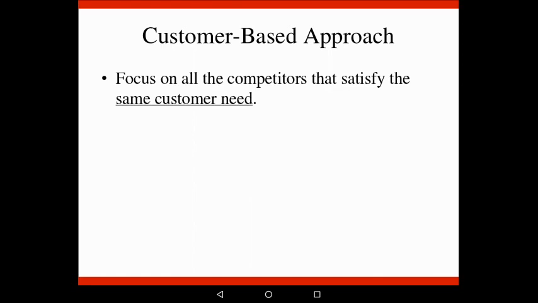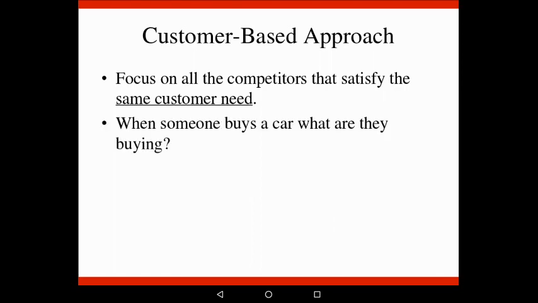Okay, so in this one, you focus on all the competitors that satisfy the same customer need. So, when someone buys a car, what are they actually buying? Well, they're buying personalized transport.